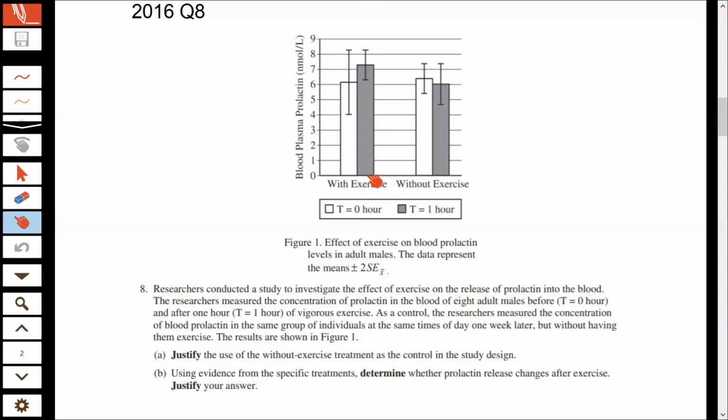And you can compare, for example, the 1 hour bar with this 1 hour bar, so we're only changing one thing, whether or not it exercises. Or you could compare this T equals 0 bar with this T equals 0 bar. You just have to compare two of those bars and say that there's no statistical difference because the error bars are overlapping.